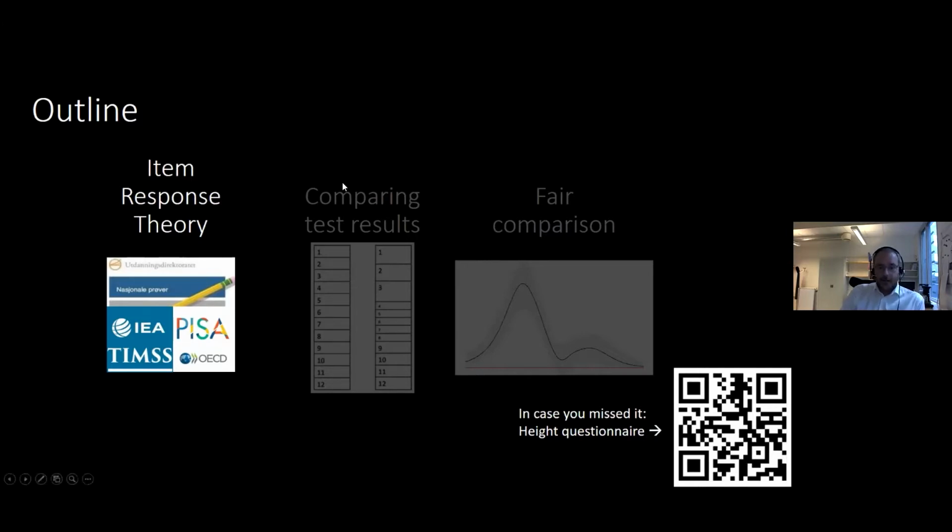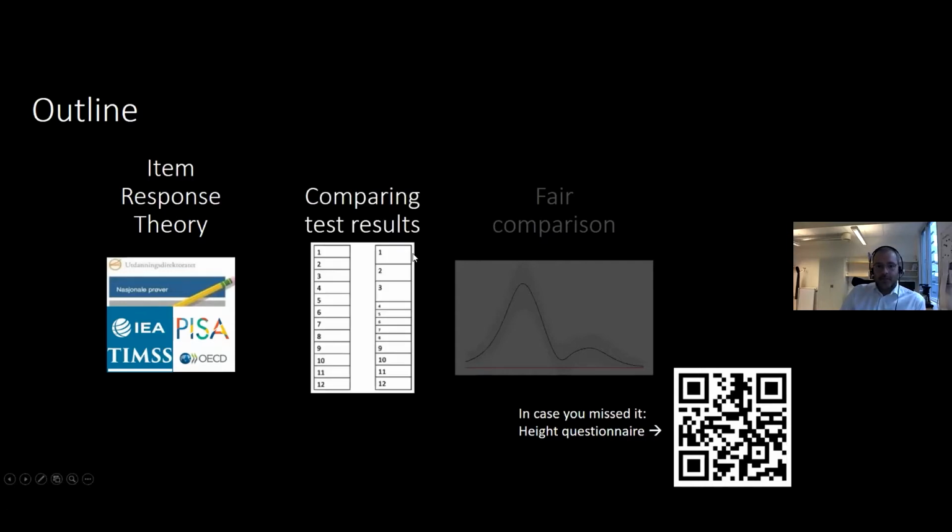And next, I will come to the two main topics of this talk, and that is comparing test results, which is often used if you have two different tests that are given to different students, and you want to compare the results. It's a bit hard to judge how good a student is that got 23 points on one test compared to a student that got 15 points on another test.